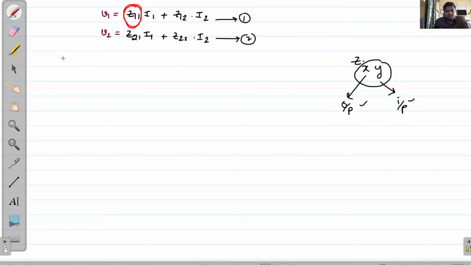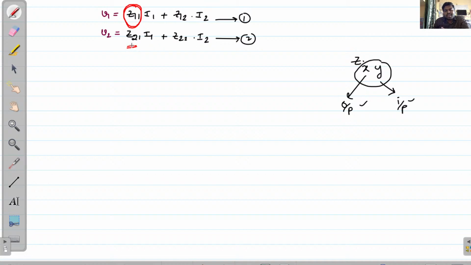But in case I make I2 equal to 0, is there any other parameter we can evaluate? That means is there another possibility to get the z parameters? By making I2 equal 0, you can evaluate z21 also, right? If I make I2 equal 0, the same thing you can substitute here also, then you can evaluate z21 also.